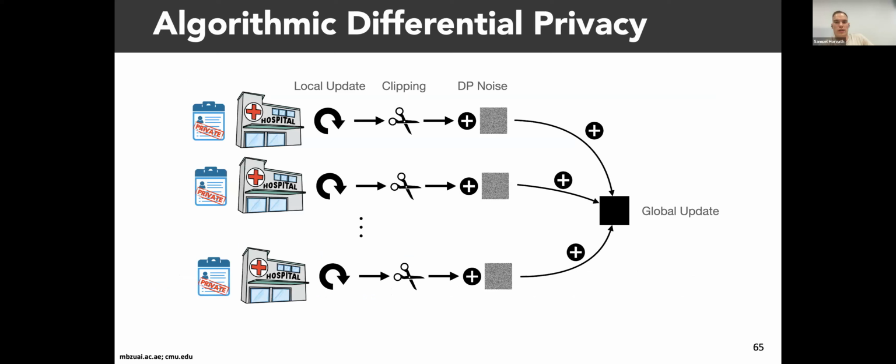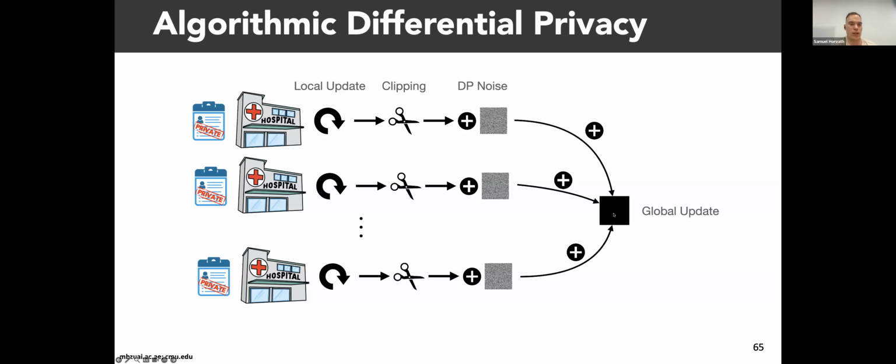How this is usually deployed in practice is very simple. You would still use the same algorithm as before. Each client, here might be a hospital, computes their local update. Then you first apply clipping to limit the magnitude of the update, such that you can then apply noise to hide this update.